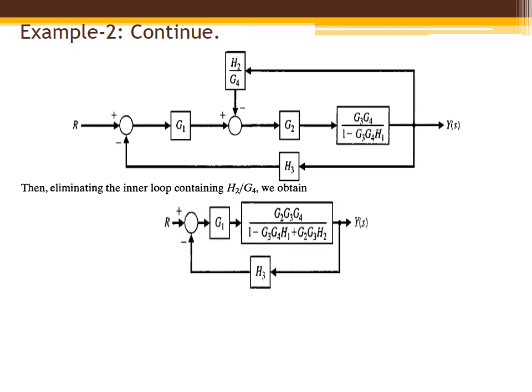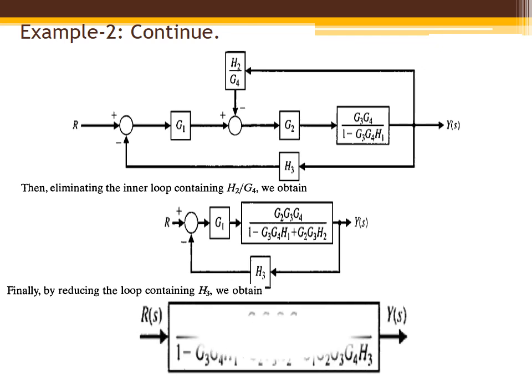Now G1 comes in series, therefore we can multiply this block with G1 and again it will come into a feedback loop, so we can eliminate the feedback loop and finally we get the transfer function, that is output upon input, equal to G1 G2 G3 G4 upon 1 minus G3 G4 H1 plus G2 G3 H2 plus G1 G2 G3 G4 H3.